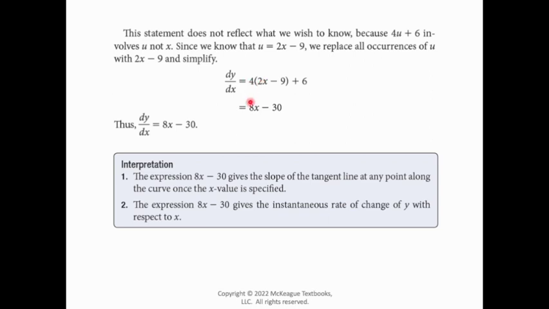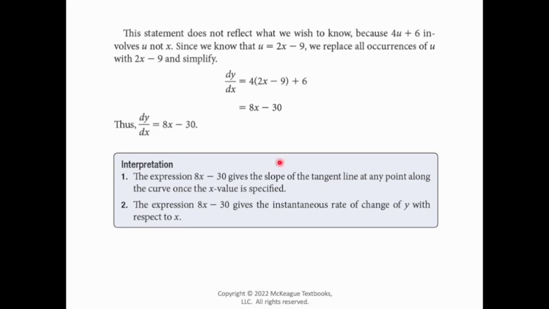So if I take u, that is 2x minus 9, and plug that in, I have 4 times 2x minus 9 plus 6. So this right here was u. Now when I substitute this 2x minus 9 in, we have the derivative of y with respect to x. And when we clean that up, we get 8x minus 30. So this is our final derivative of y with respect to x.